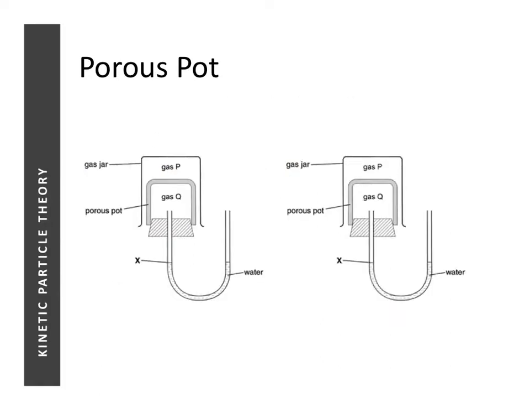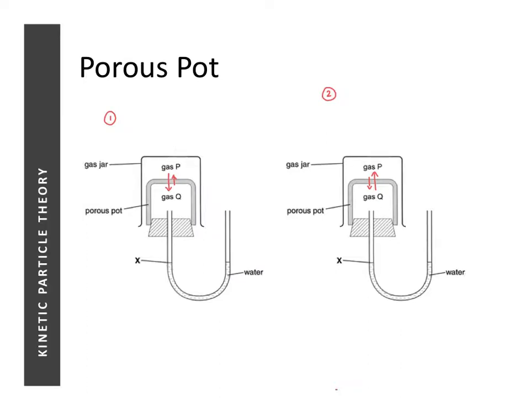In scenario 1, gas P diffuses in faster than gas Q diffusing out. In scenario 2, gas P diffuses in slower than gas Q diffusing out. Okay, so these are the two possible scenarios. Now let's observe what happens to the water level in each scenario.